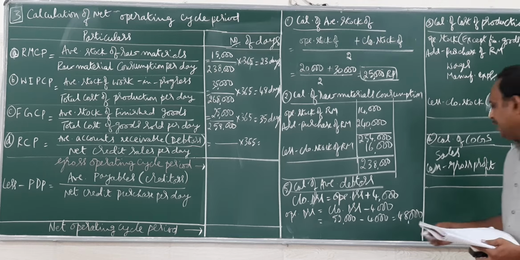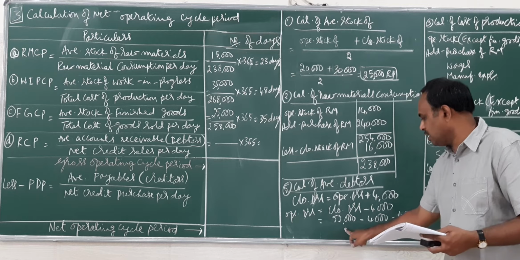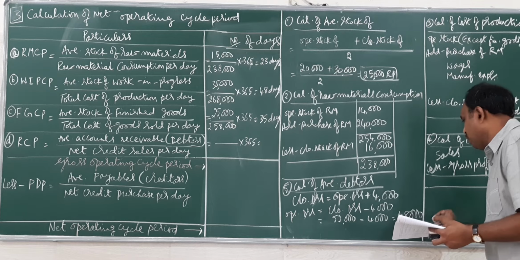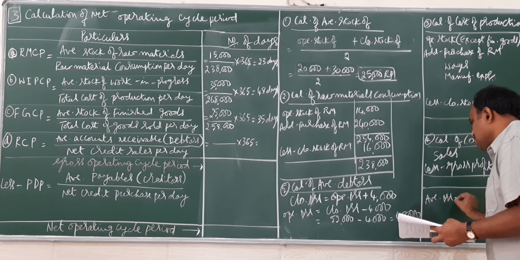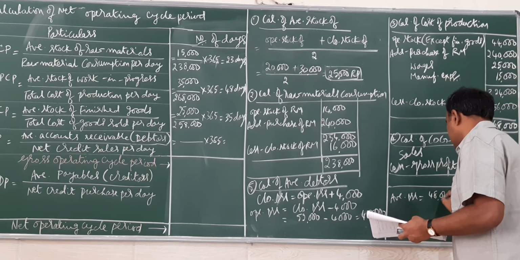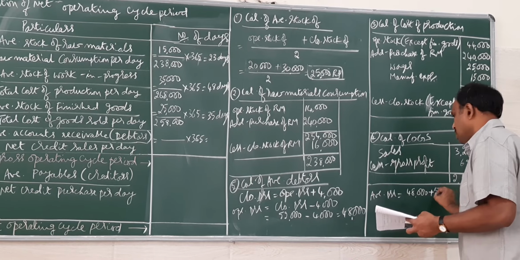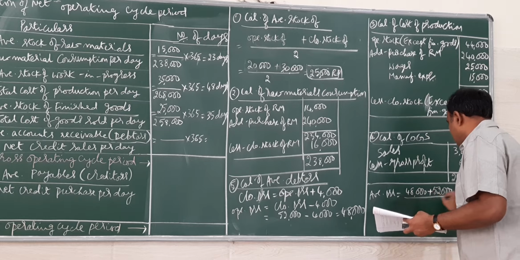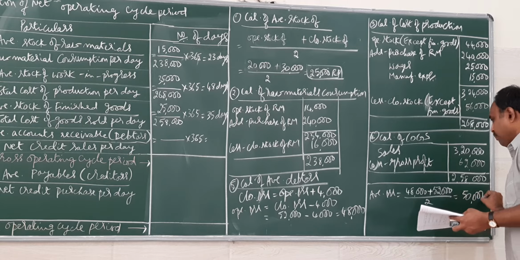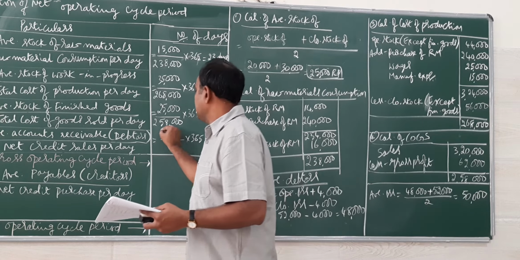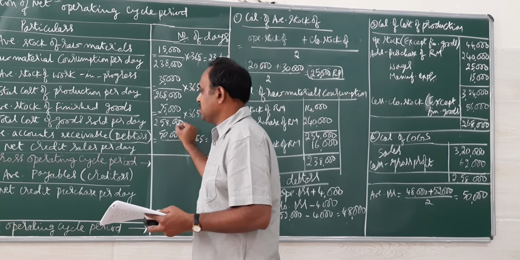So opening debtors is 48,000, closing debtors is 52,000. So we have to find an average for it. So average debtors is equal to 48,000 plus 52,000 divided by 2, that gives 50,000. So receivables average is 50,000.